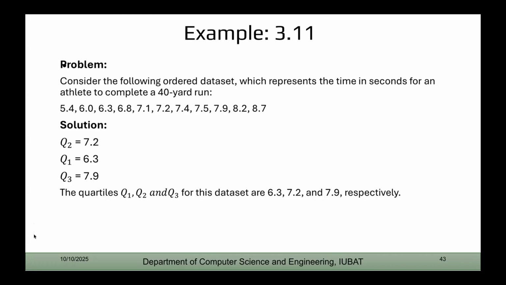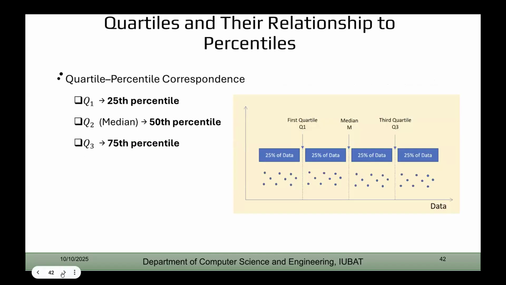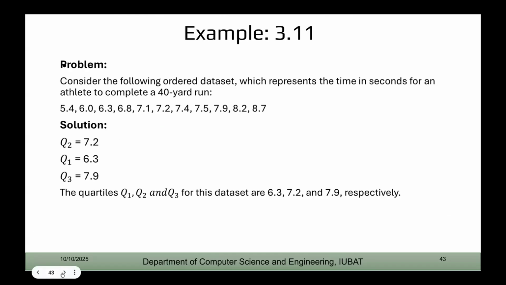Okay, so now here we are finding a problem, 3.11. Consider the following ordered dataset, which represents the time in seconds for an athlete to complete a 40-yard run, right? As it is sorted, what will be the Q2 value?